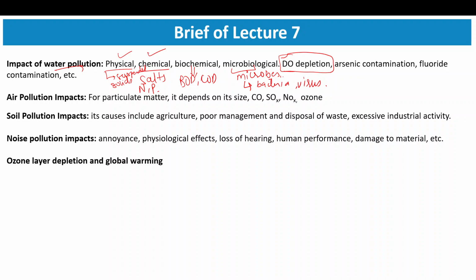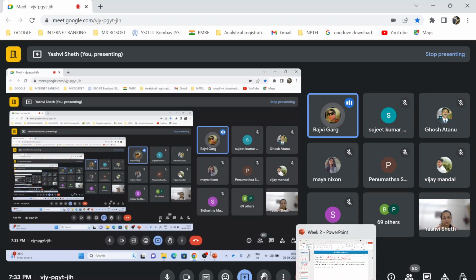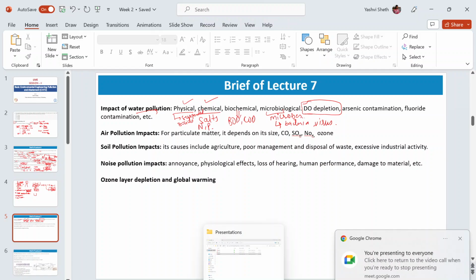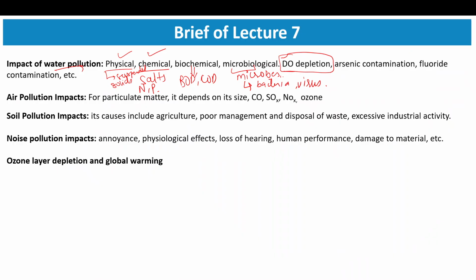Can somebody tell me how DO depletes and what is the mechanism for it, like it was discussed in class? Due to the growth of microorganisms on the surface of water, the oxygen transfer gets reduced, and because of that, the oxygen level below the water reduces.